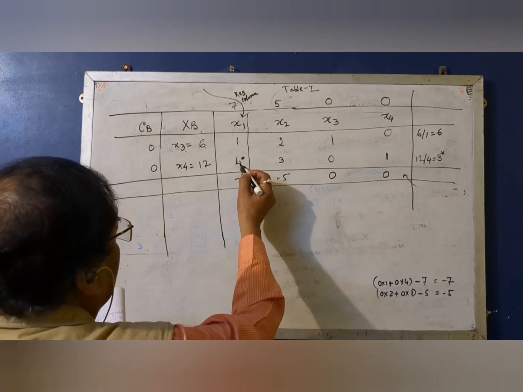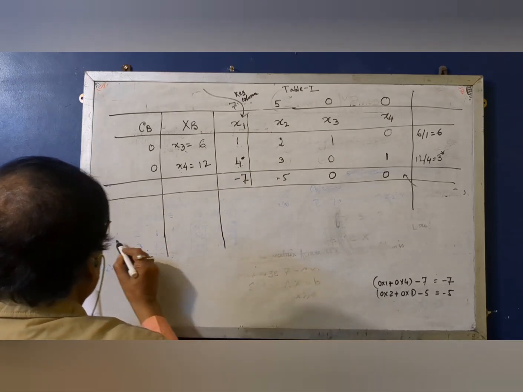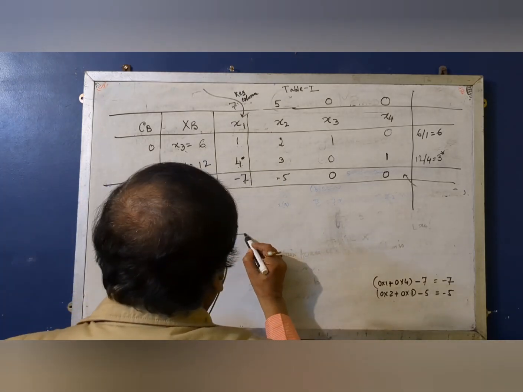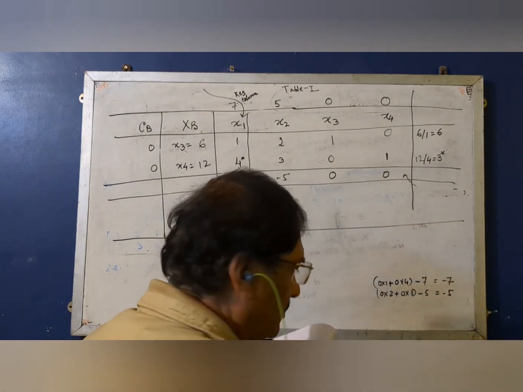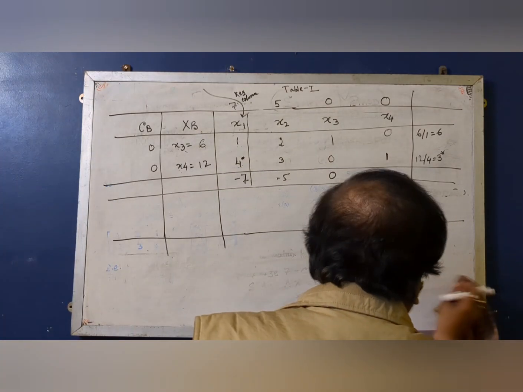And you have to divide the entire row by this key element. We do that here, see.